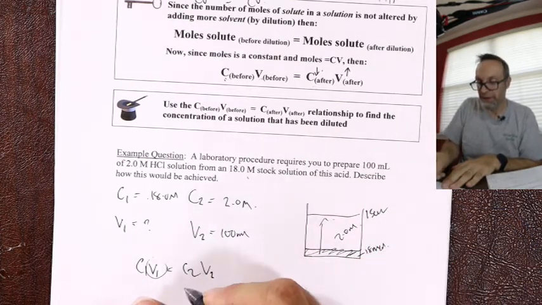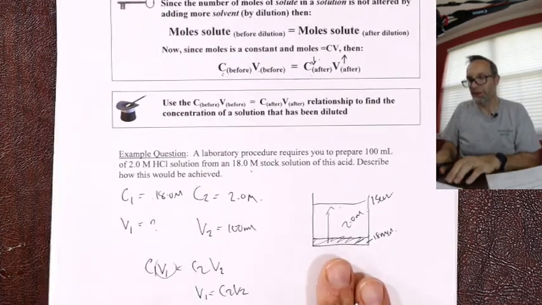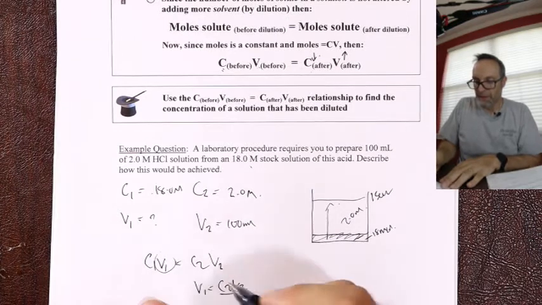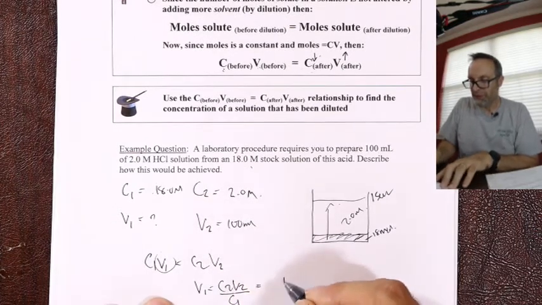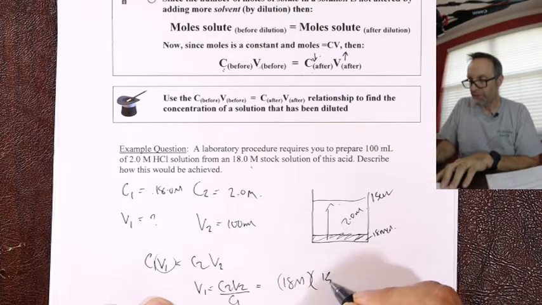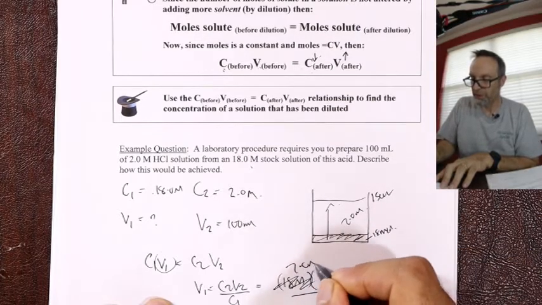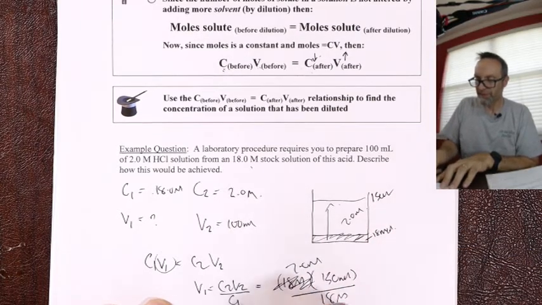We're solving for V1. So V1 equals C2V2 over C1, which equals 18 moles per liter, 150 milliliters, over concentration, oh sorry, concentration 2 was 2.0 molar, 18 molar, yeah, 2 and 1.